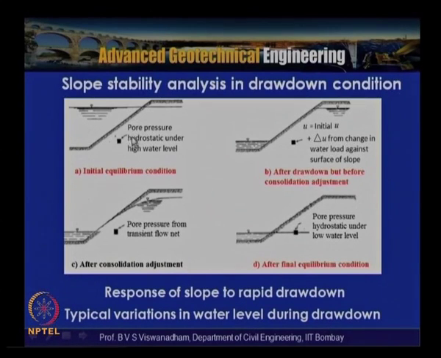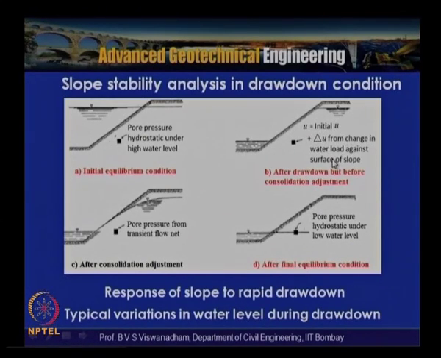Here, with a drawdown which has taken place, the water level has dropped at a certain rate, but before any consolidation adjustments, the pore water pressure at this point is the initial U, the hydrostatic condition, plus delta U from the change in the water load against the surface of the slope. So there is an increase, that is the initial U plus delta U.